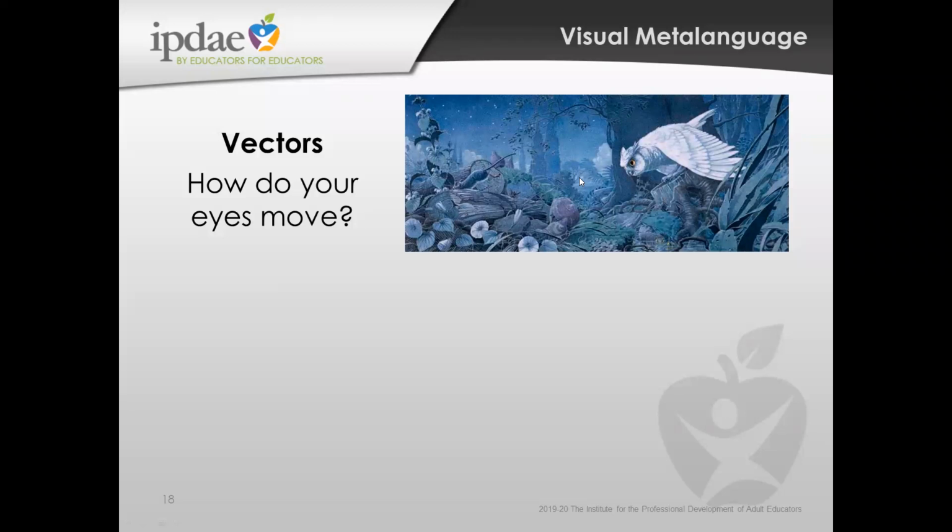Type in, how does your eye move on this one? And I'm going to tell you, this one's not quite as clear as when we looked at salience, because what I'm seeing everybody do is basically one of 2 things. We're seeing some of you who are saying it goes center and then out. And then we see a number of you who are going, it either starts with that bird going right to left, and I think 1 or 2 of you said left to right.